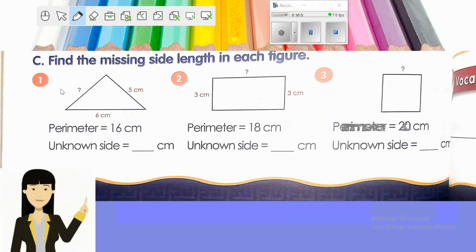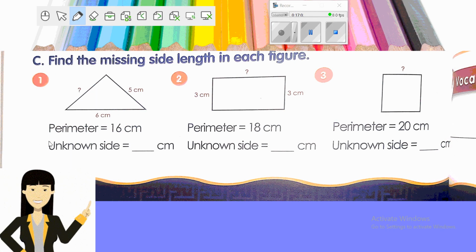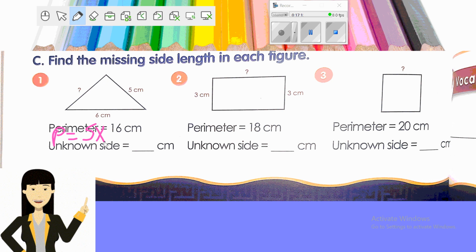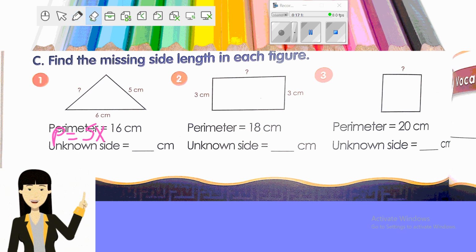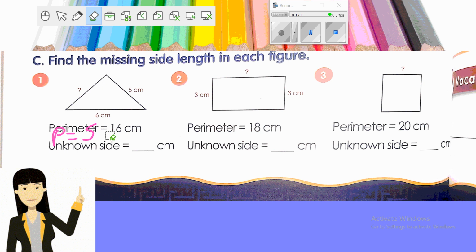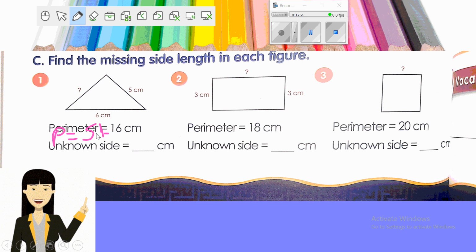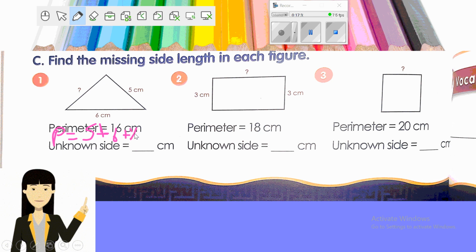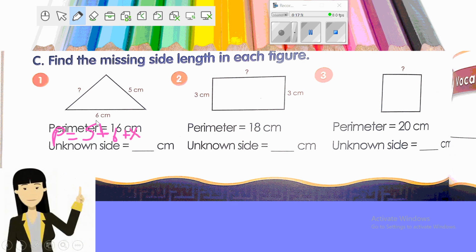Now here, find the missing length. For these figures, we have the perimeter already. Here is 5, here is 6. Let's do it. I told you the P equals all the sides. So it's 5 plus 6 plus x, which is unknown. 5 and 6 is 11.